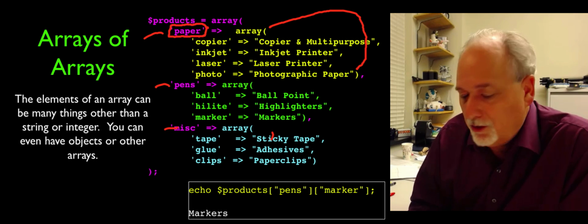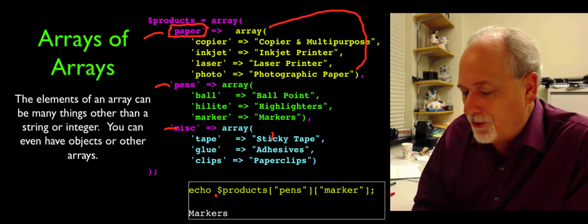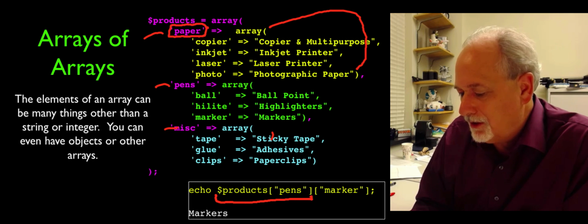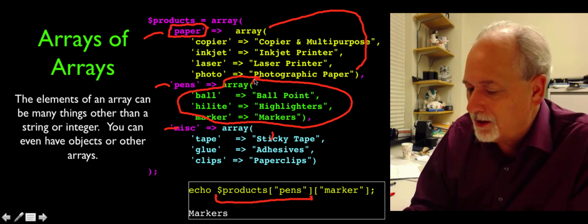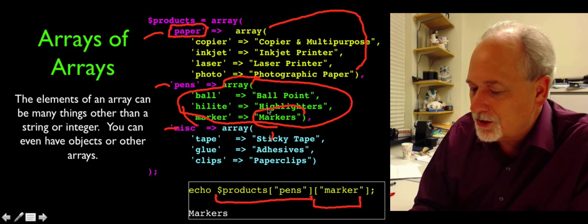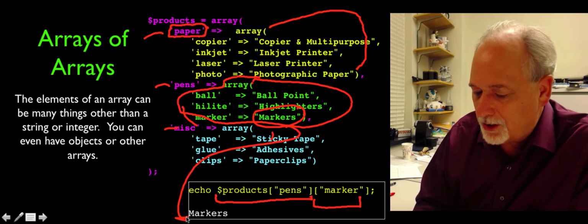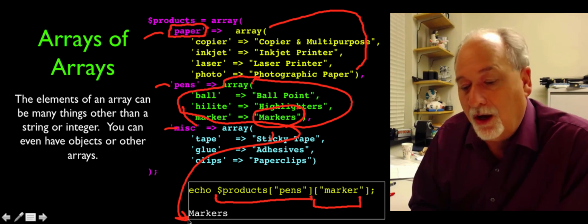And so we can look up things in the inner arrays by products subpends. This itself is this array. Product subpends is that array. And then we're doing another lookup in that and looking up in marker. So what comes out is markers. Okay, so that's how we look up an array of array.